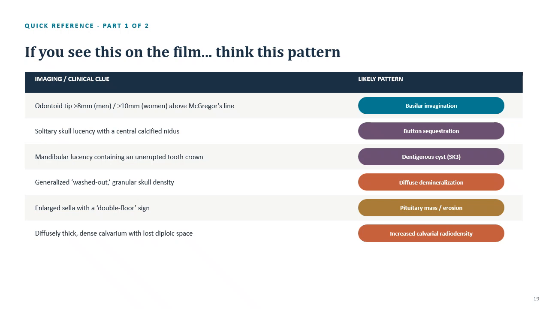If the entire skull looks less dense or somewhat washed out on our imaging, we might think of demineralization. If we're seeing an enlarged sella turcica with a double floor sign appearance, it could tell us there might be some type of pituitary mass or some sort of erosion going on. And if the skull looks unusually thick or white on imaging, that might point us to increased calvarial radiodensity.